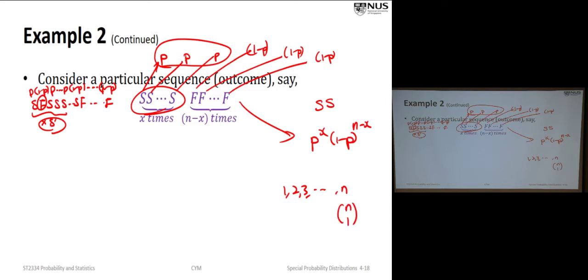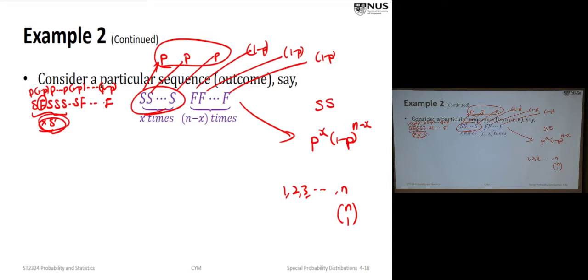If I pick the number 1, that means the first one is a success and the rest are failures. If the number I pick is 3, then the third trial is a success while the rest are failures. So altogether, there are n choose 1 sequences that give me 1 success, and the rest are failures.